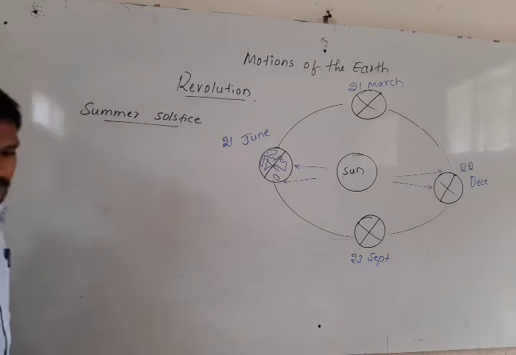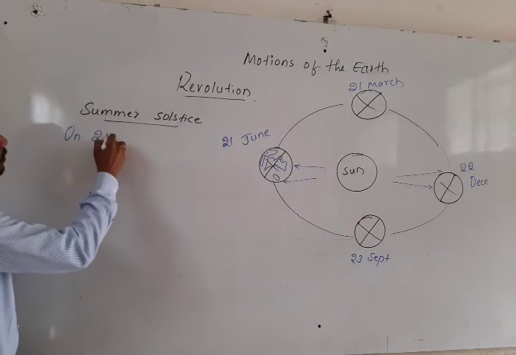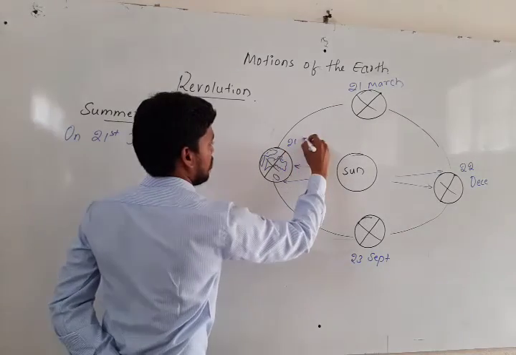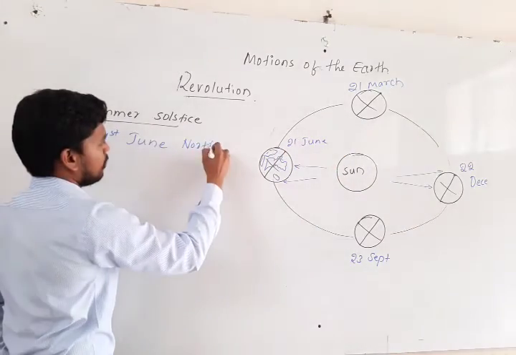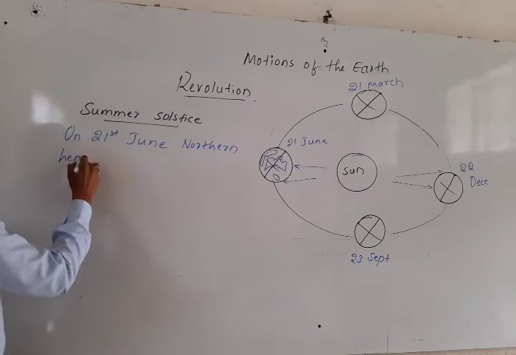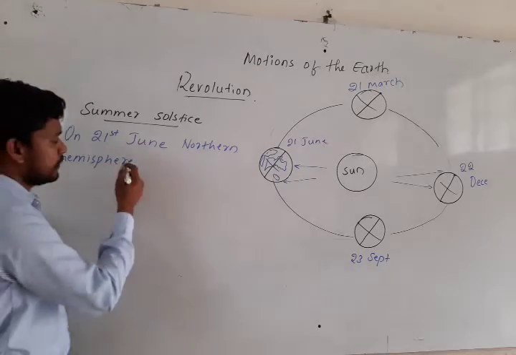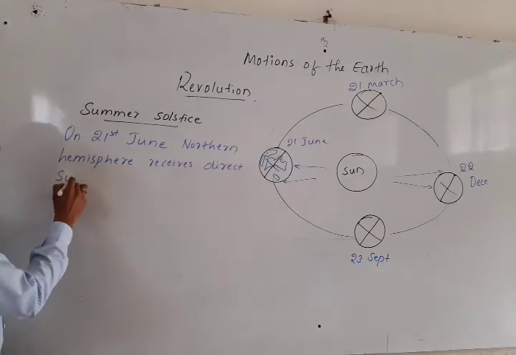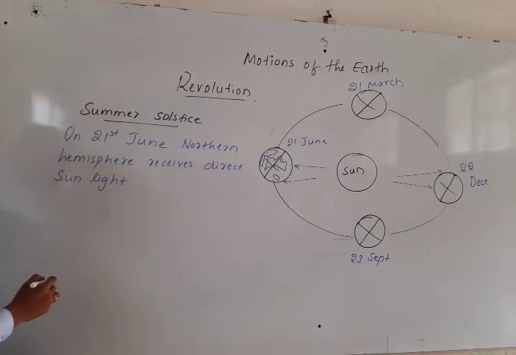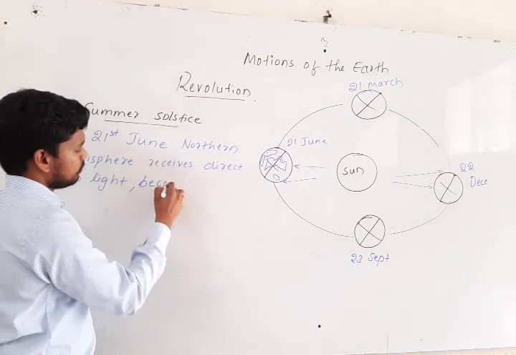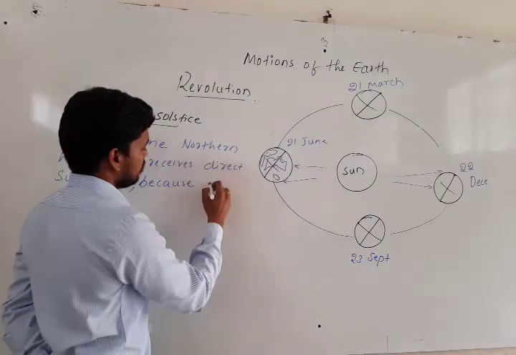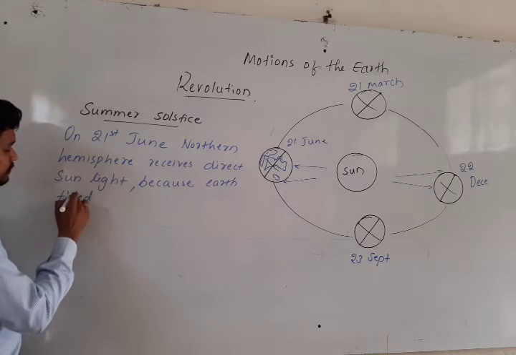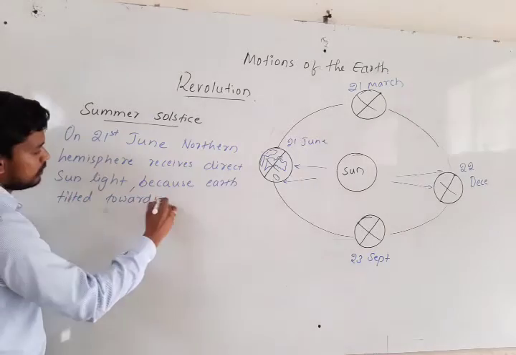On 21st June, the Northern Hemisphere receives direct sunlight because the Earth is tilted towards the east.